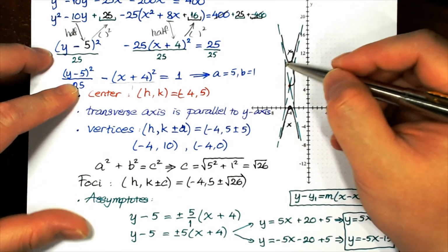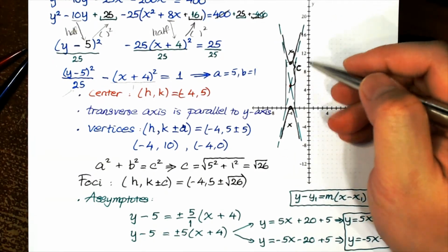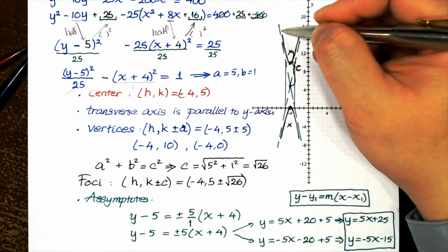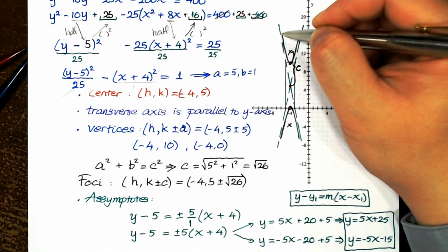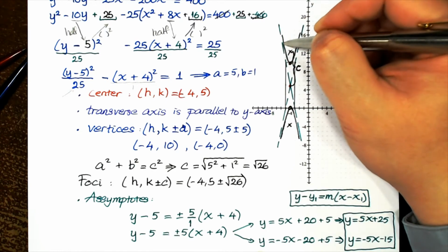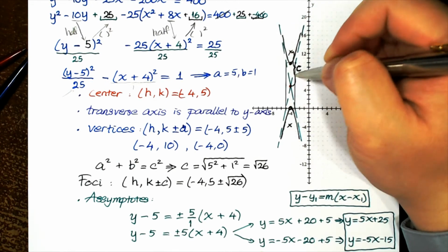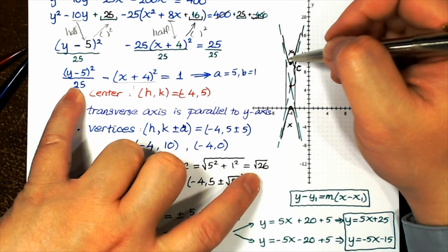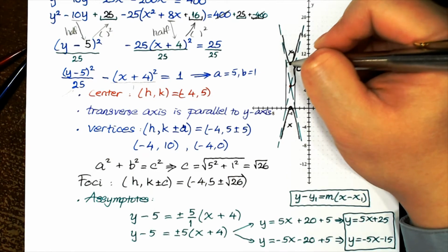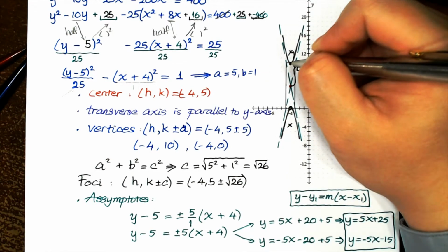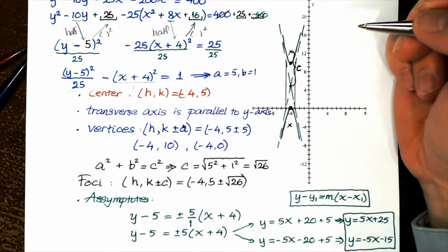We draw the box. With the box, we have the diagonals, and those are the asymptotes. Once we have the asymptotes, the hyperbola will approach the asymptotes and touch the edge of the box. We know it's going to be y squared minus x squared, so it's going to be vertical. So it will touch the upper edge and the lower edge. And we have the hyperbola.